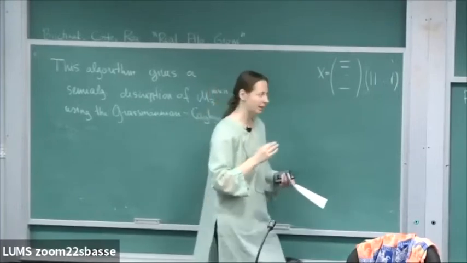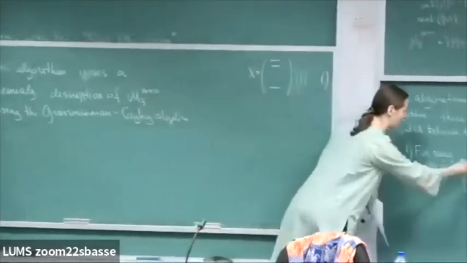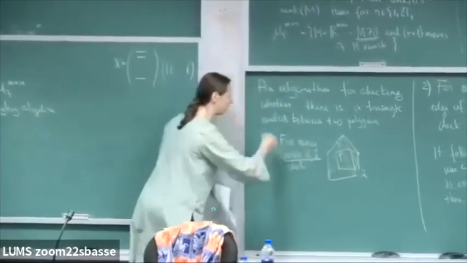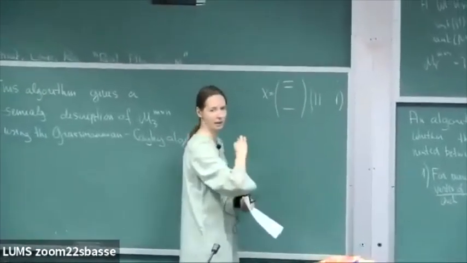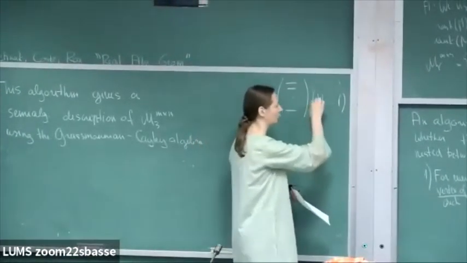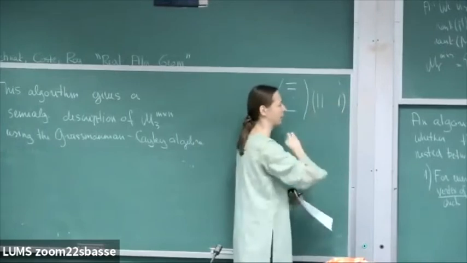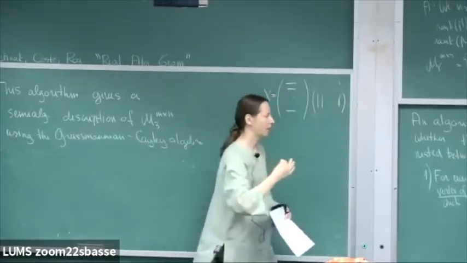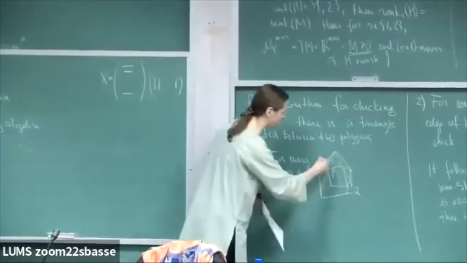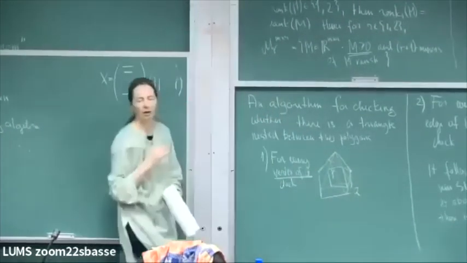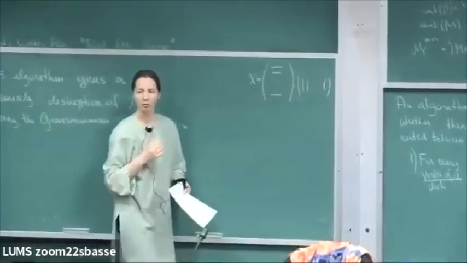But the main idea is that the points of P correspond to the rows of this factor, the points of Q correspond to the rows, and the edges of P correspond to the columns.